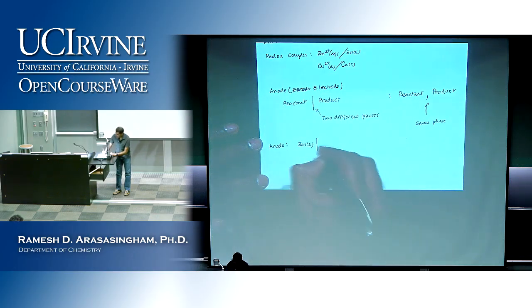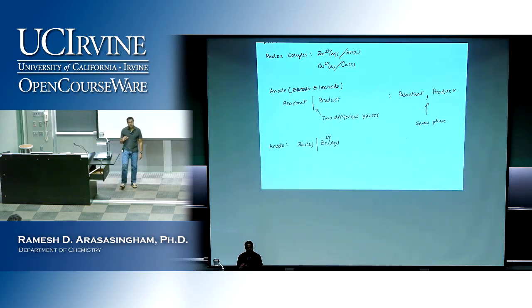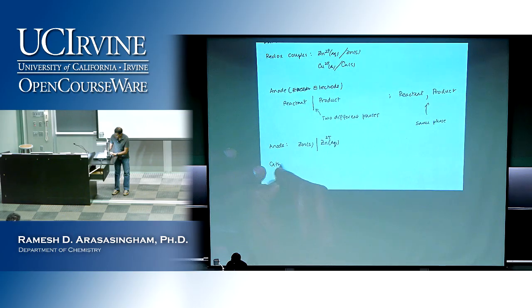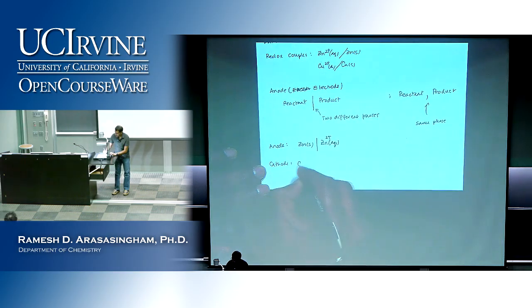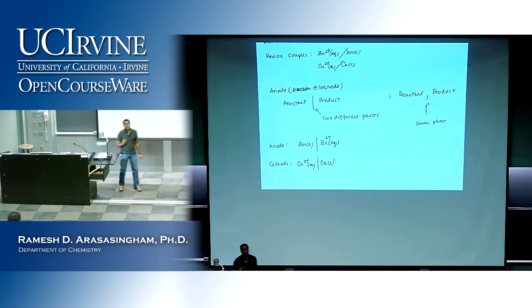I'm going to put a vertical line because we're going from zinc to zinc 2 plus aqueous. So that describes the anode. Now, if I want to describe the cathode, I would write the reactant, vertical line, because again, you're going from an aqueous solution to a solid, so there's a change in phase, would be that.